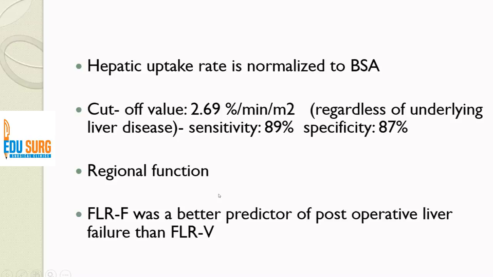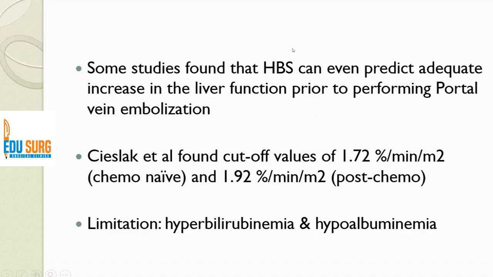Also, they have found that future remnant liver function is a better predictor than volumetry in prediction of post-operative liver failure. Also, some studies have been done on whether hepatobiliary scintigraphy can predict enhancement of liver function prior to performing portal vein embolization.